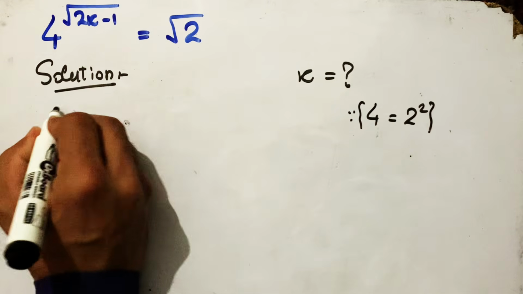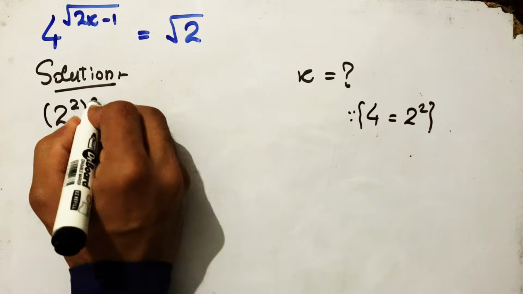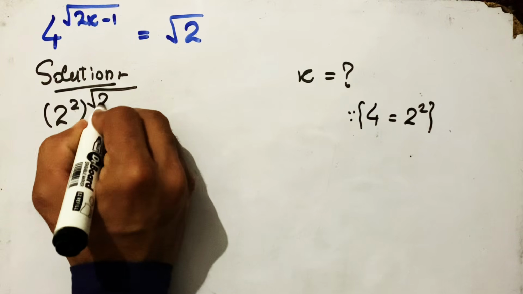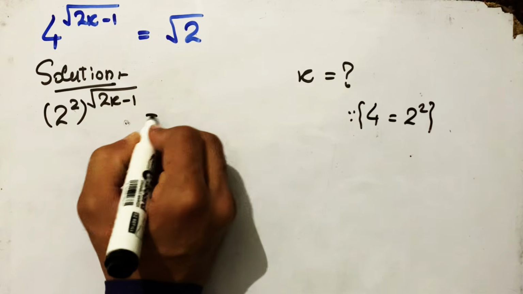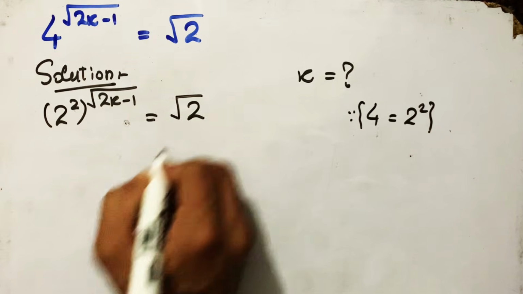So we replace it: 2 to the power of square root of 2x minus 1 equals square root of 2.